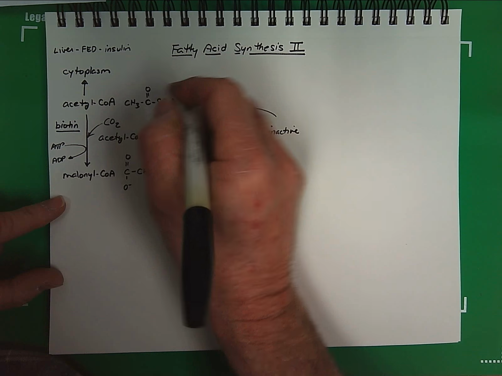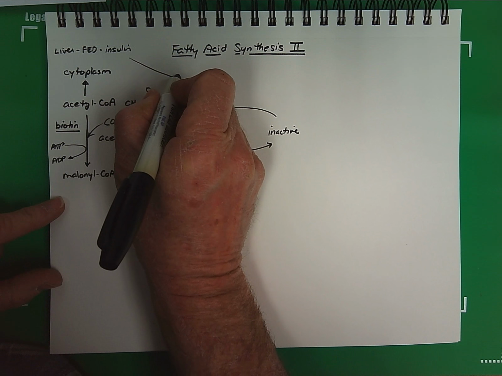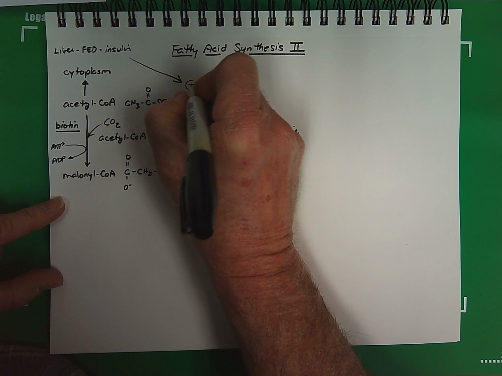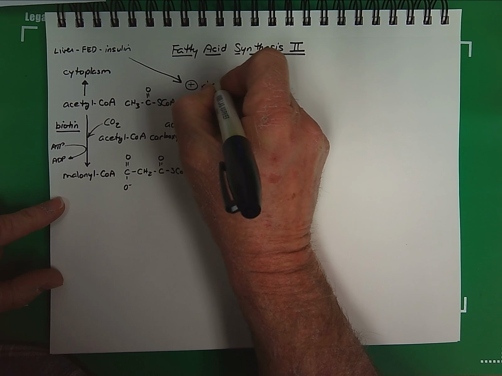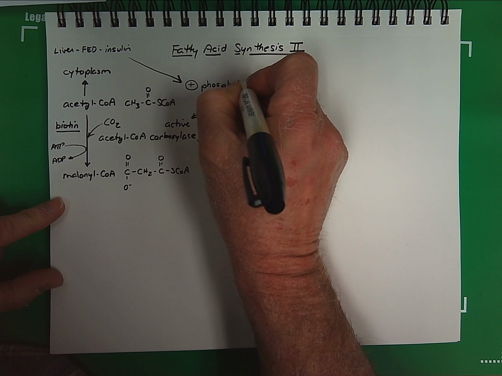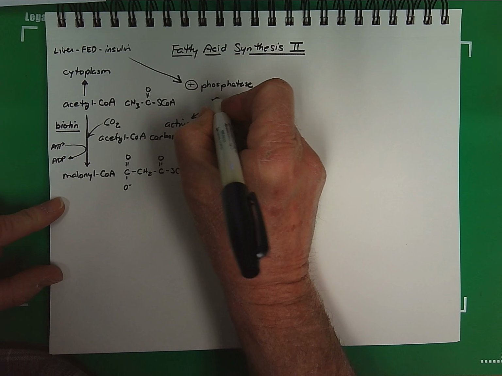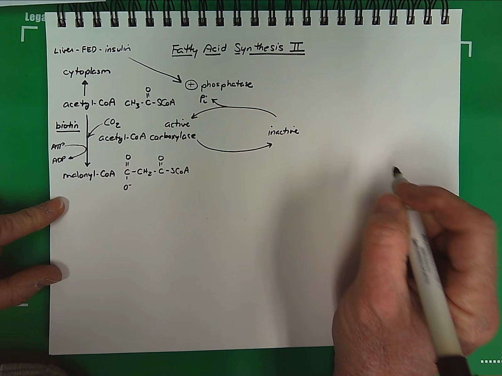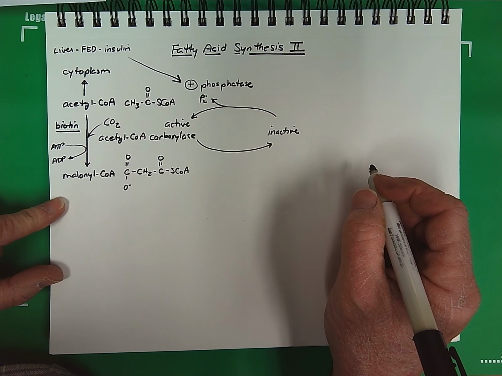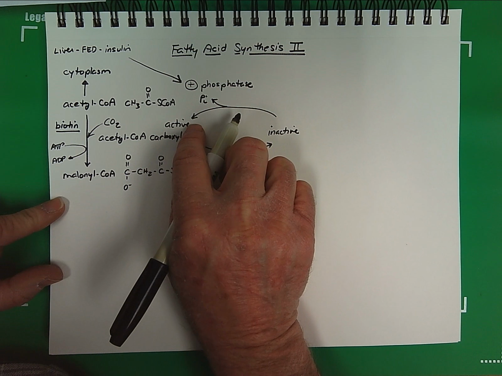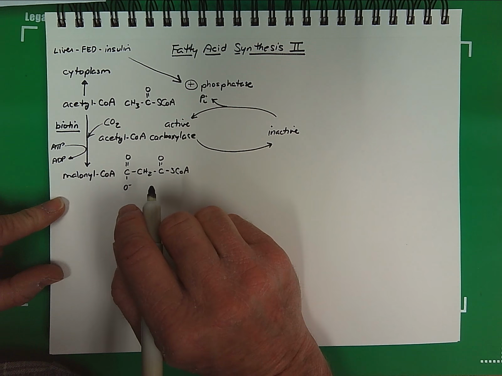So under the case of insulin signaling, the insulin is going to activate a phosphatase. The phosphatase, of course, will remove an inorganic phosphate. Once this happens, the acetyl-CoA carboxylase enzyme will become active from the inactive state.